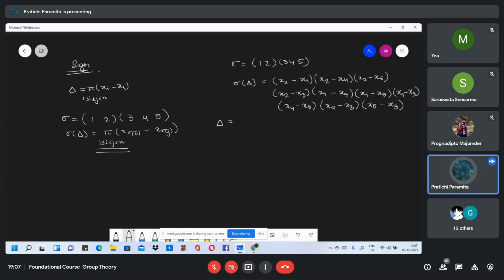For n equal to 5, I'll get x1 minus x2, x1 minus x3, x1 minus x4, then x2 minus x3, x2 minus x4, x2 minus x5, x1 minus x5, then x3 minus x4, x3 minus x5, and x4 minus x5.